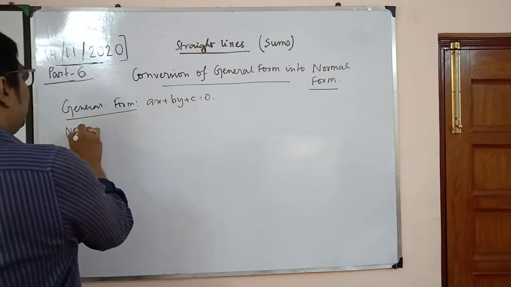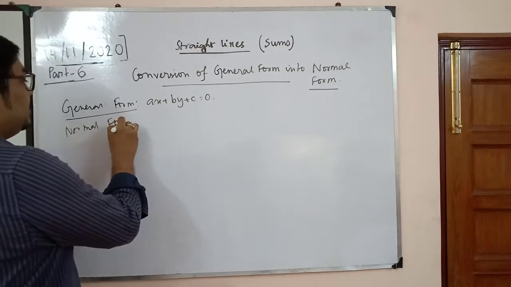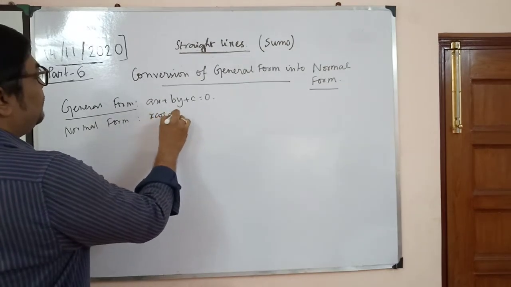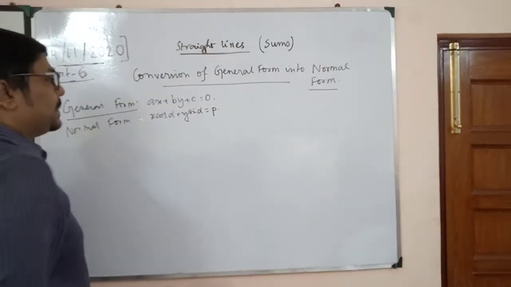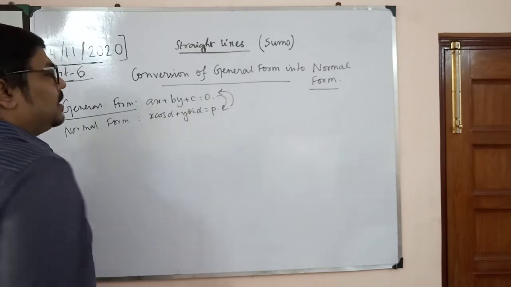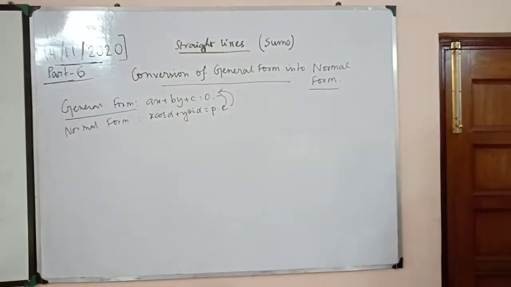And the normal form, if I write, that is something like x cos alpha plus y sin alpha equals to p. So how they are interconvertible, that we have to find out.